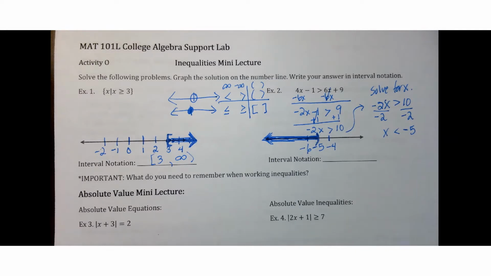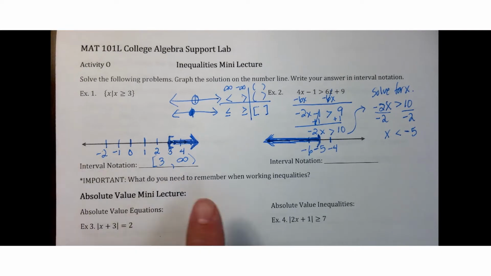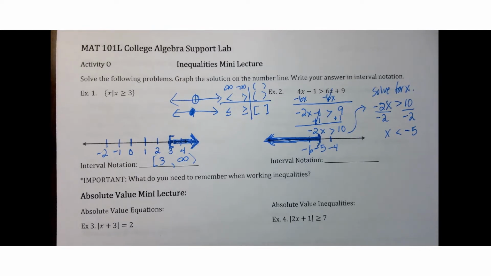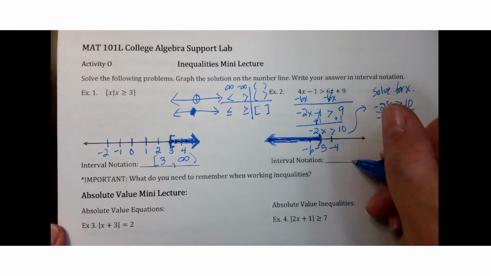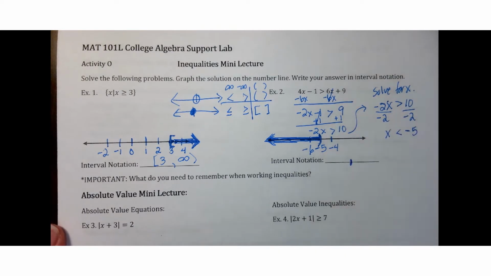All right. Interval notation. I talked about it being from left to right, and it is that way over here also, but I want to show you a slightly different way for this one. If we put the comma down first, I want you to think about which direction this arrow is pointing.